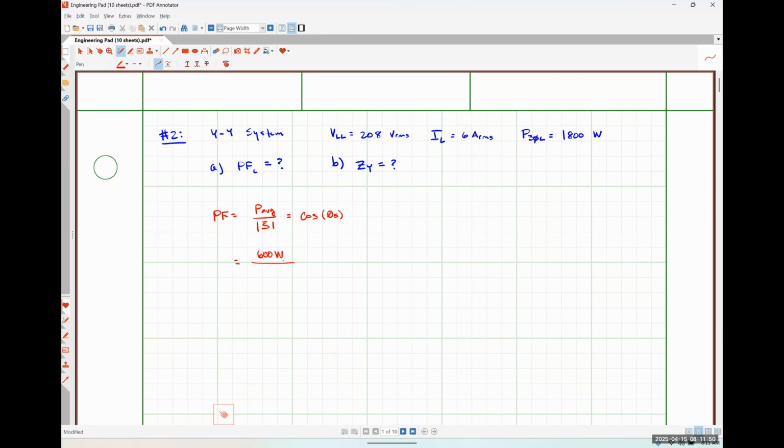Now, how might we go about determining our apparent power absorbed by a single phase of our load? Yeah, so the apparent power is literally just going to be our line voltage times our line current.